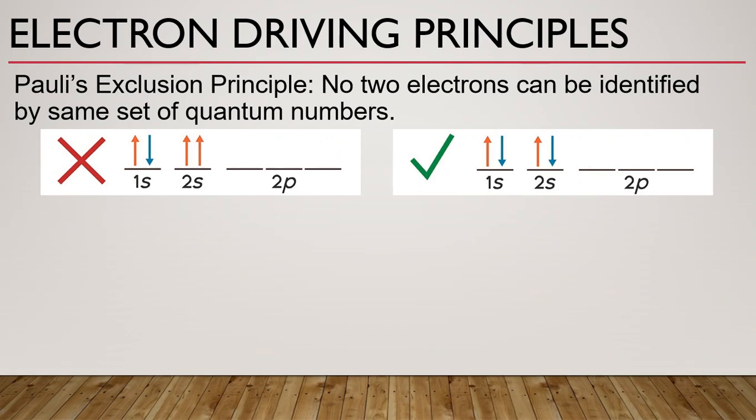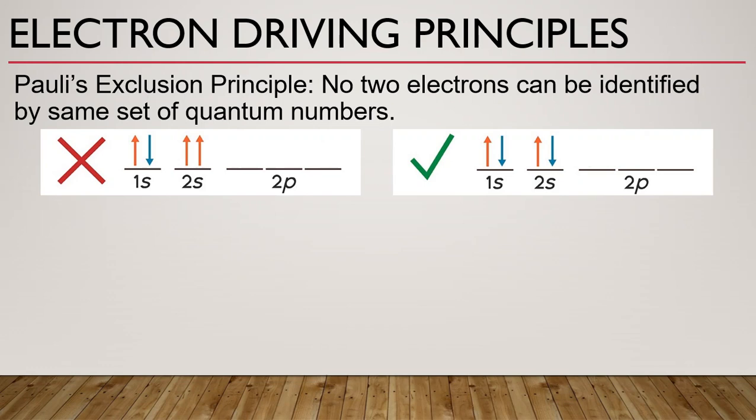For example, this one is wrong because they are not opposite in the same subshell. The spin must be opposite. In this one, 1s has opposite spins and 2s has opposite spins. So every energy state must have opposite spins.